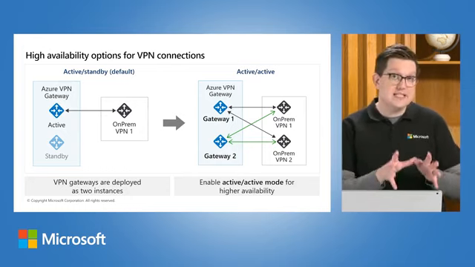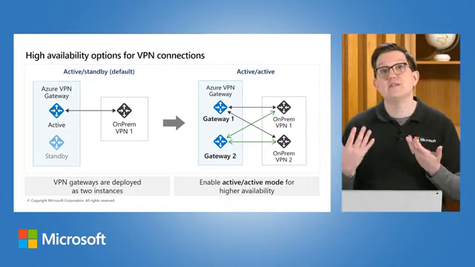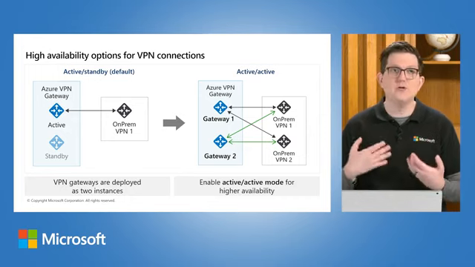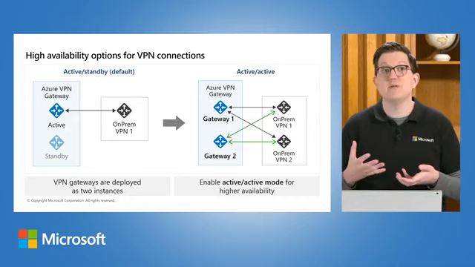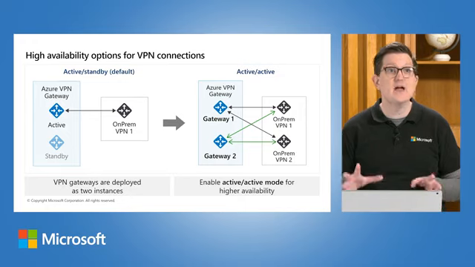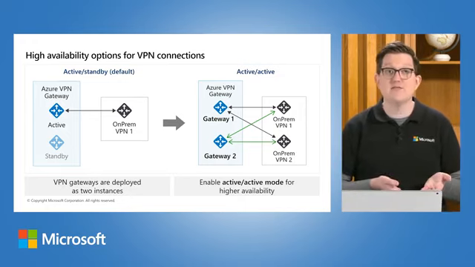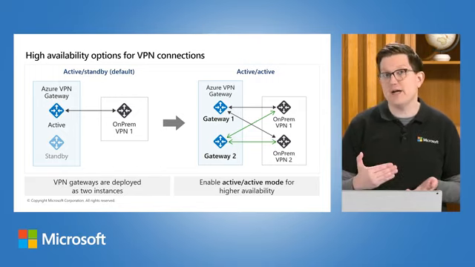Note that the default, on the left, is to have it in active standby mode. This is simply because on premises you will only require one connection to be established. It's nice and easy to set up, and in the event of a failure on our end, we'll just simply cut the active line and move across to the standby.